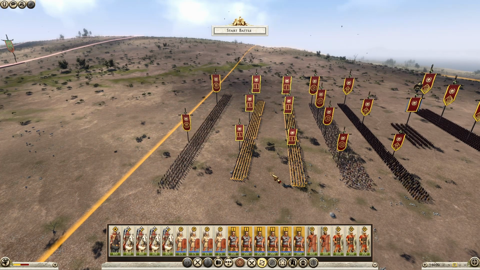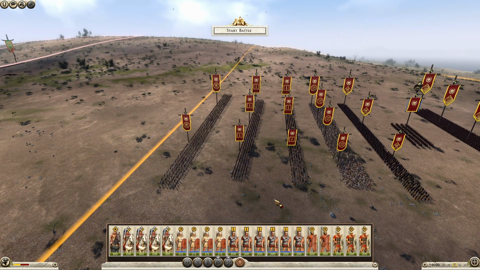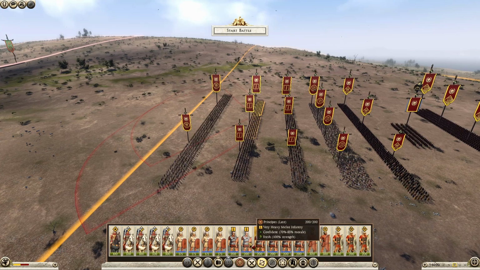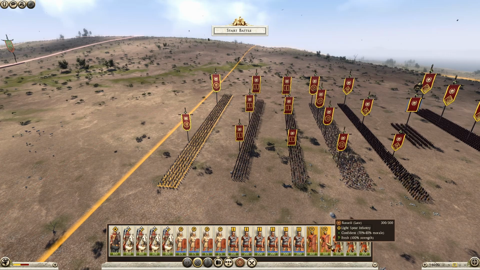If you want a more historically accurate army, you would want to use some hastati in your army as well. But as a game, I don't think there is any reason to use the hastati at all, because they are not really cheap, not as cheap as the Rorarii.